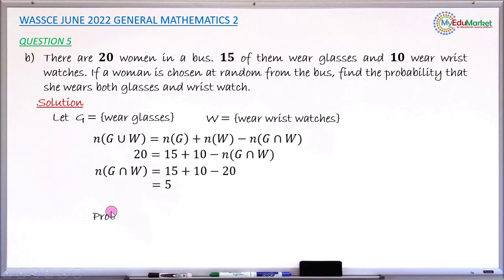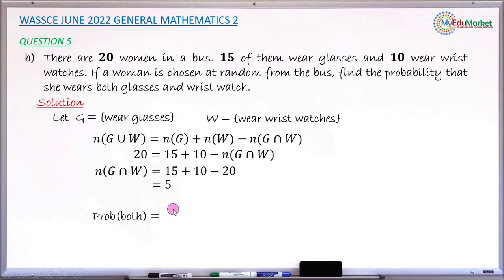So the probability will be equal to, remember, probability says required outcome divided by the total number of possible outcomes. In this case, the required outcome is 5, the number of women that wear both glasses and wristwatches, and the total possible outcome is 20, the total number of women in the bus.